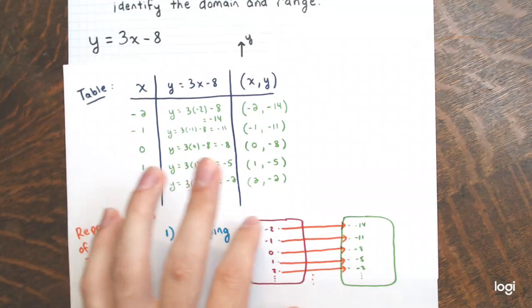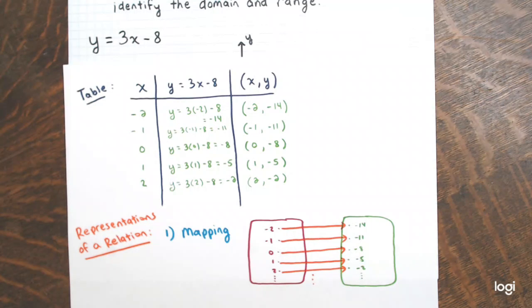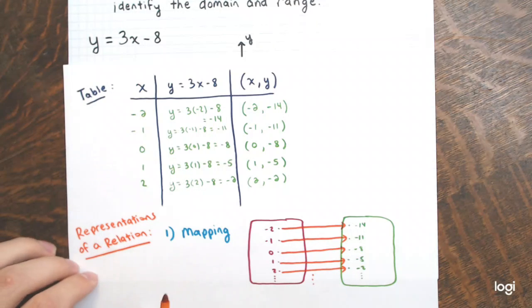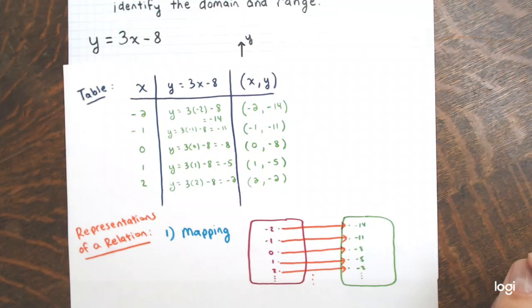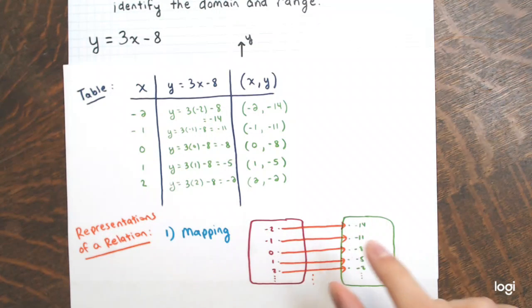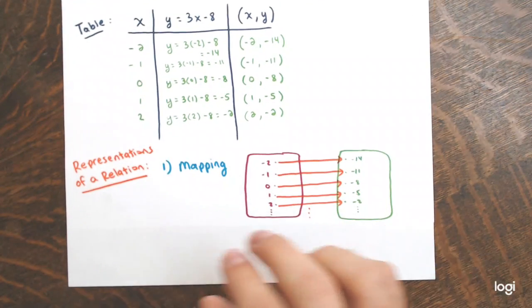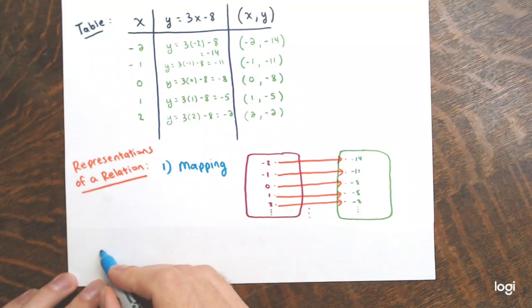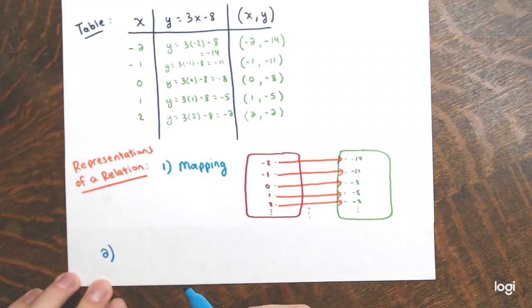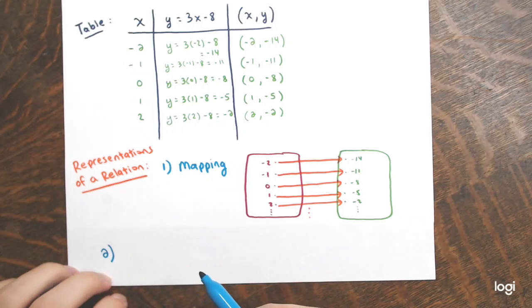So it's not a nice, efficient way of representing a relation when there's infinitely many ordered pairs, infinitely many relationships. I can start a mapping like I just did here, great, but it's not the best one for this one.